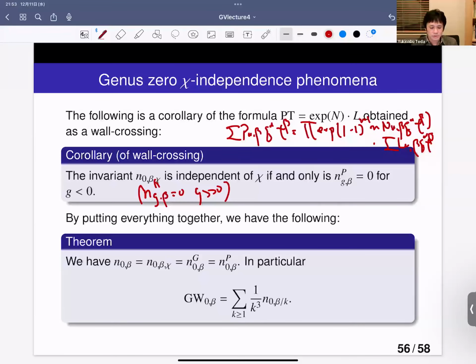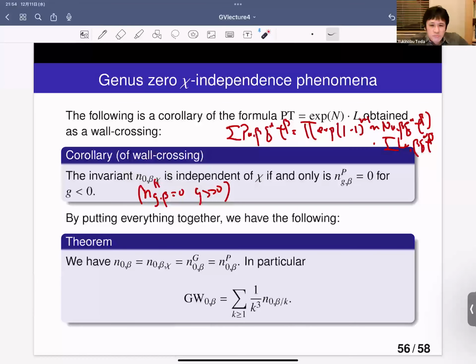We know that this is true as a consequence of Gromov-Witten/PT and also the vanishing from the symplectic geometry side.